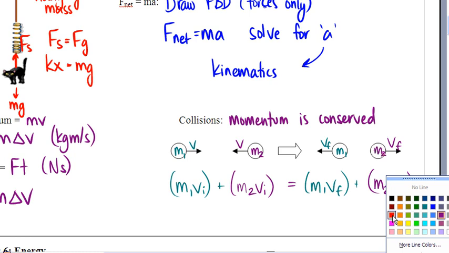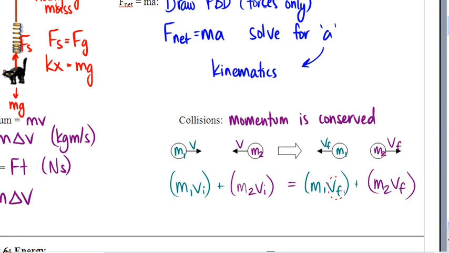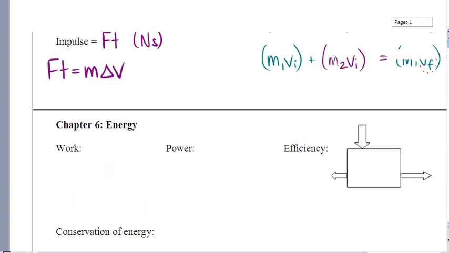And again, the usual drill is to solve for just one of those final velocities. That means you'll know everything else in the equation. Oh, sorry, that was still chapter 6, wasn't it?